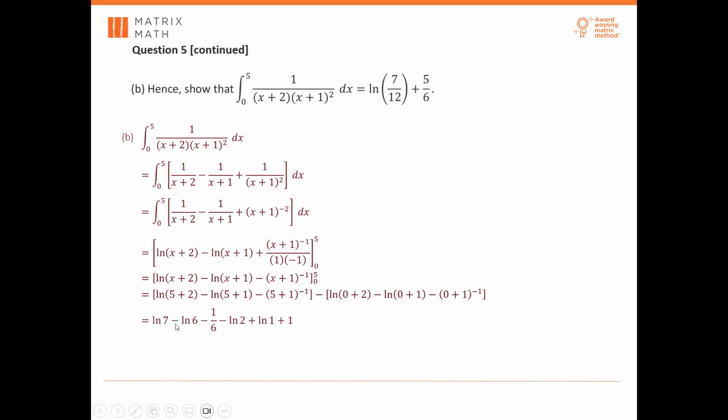Okay, so recall for ln, right? If it's minus means division for 7 and 6, another division, and then multiplication. Right, so this will be ln 7 over 6 minus ln 2 plus 5 over 6. Okay.